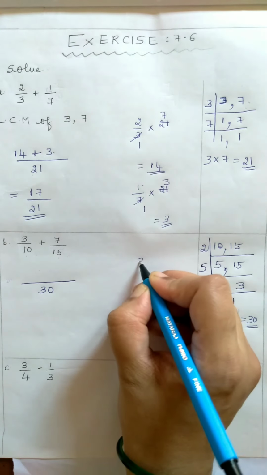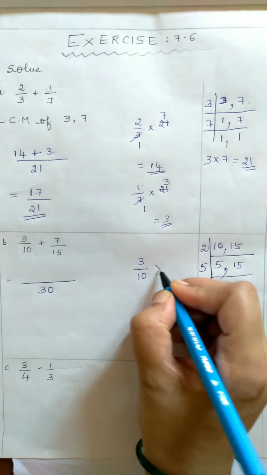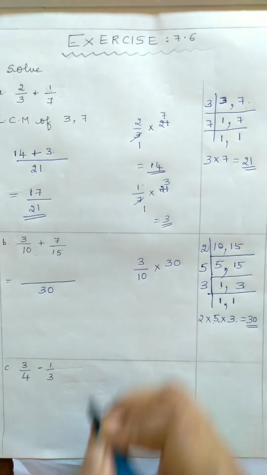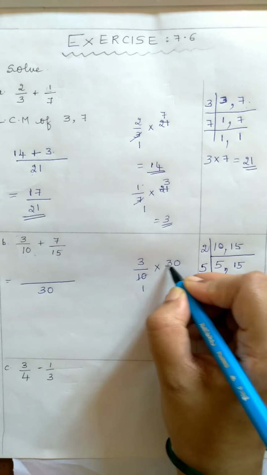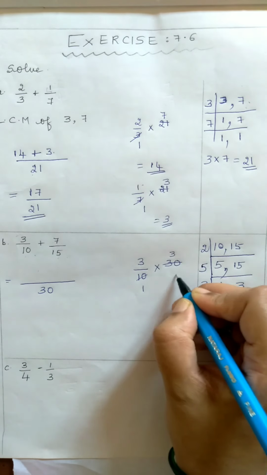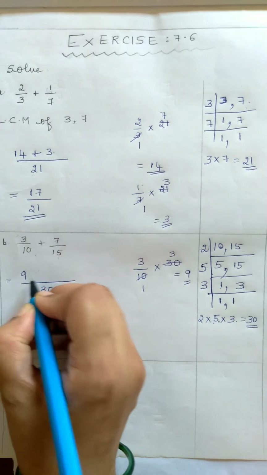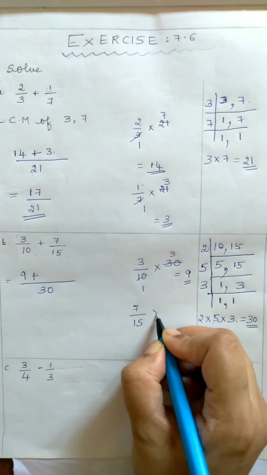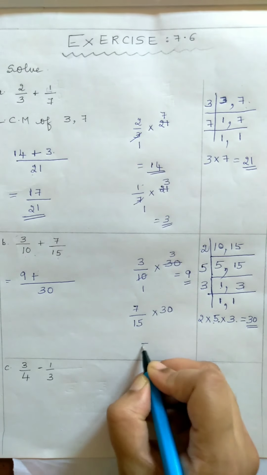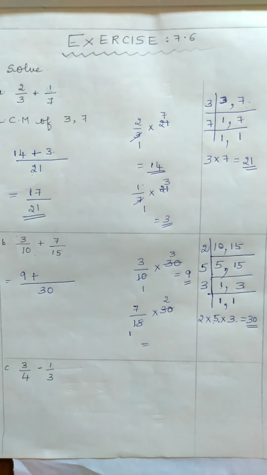Now, take the value 3 by 10. 3 by 10 into multiply the LCM, that is 30. We know that 10 ones are 10, 10 3s are 30. Therefore, 3 3s are 9. Right here 9 plus, then you have 7 by 15, multiply the LCM. We get 15 ones are 15, 15 twos are 30.